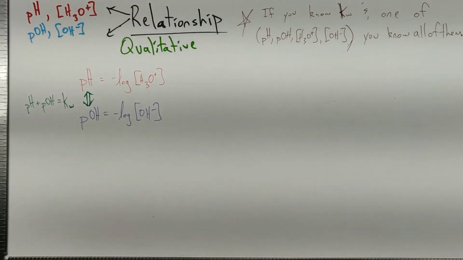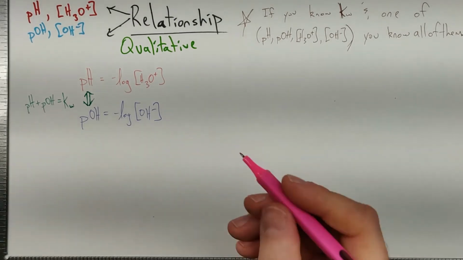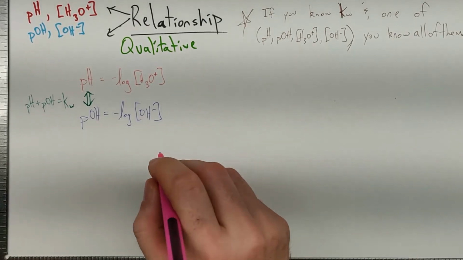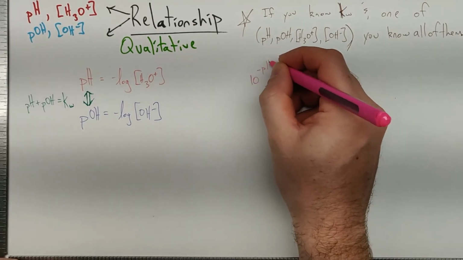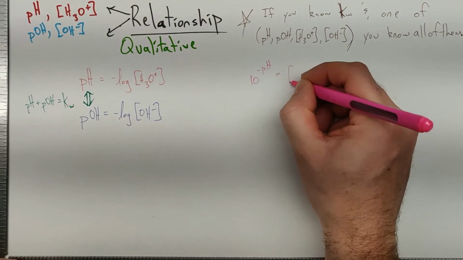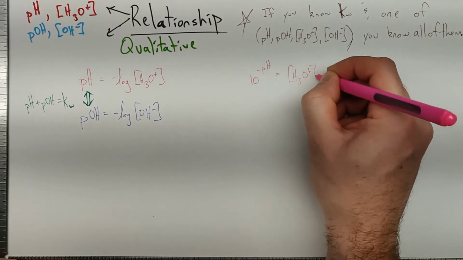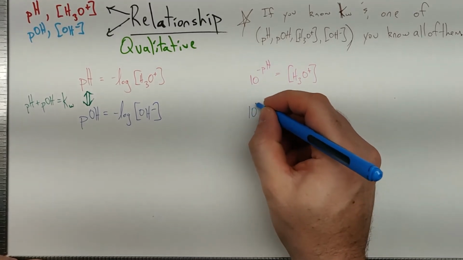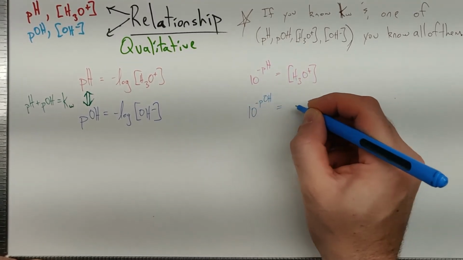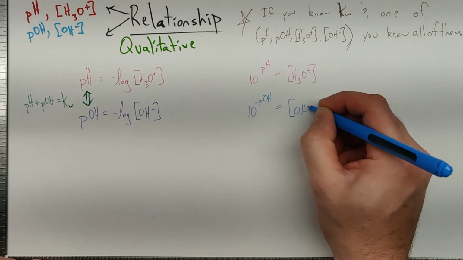It would also be useful for us to work in the other direction, and I'll use slightly different shades of these colors. Undoing pH, we know that 10 to the negative pH is our concentration of H3O plus. And we know that 10 to the negative pOH is concentration OH minus.